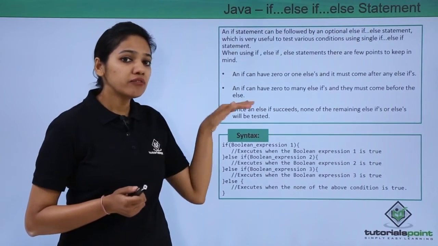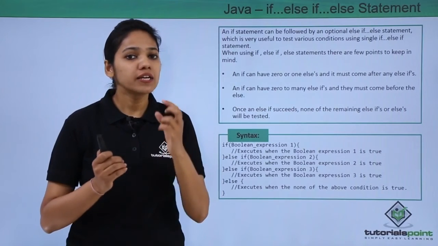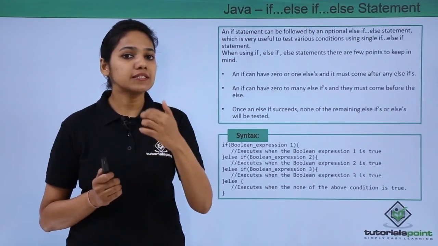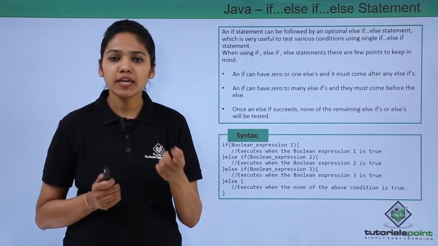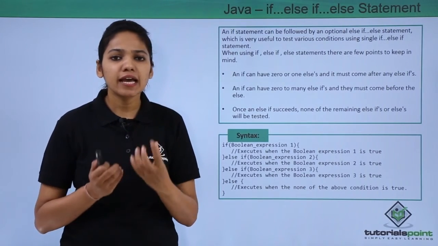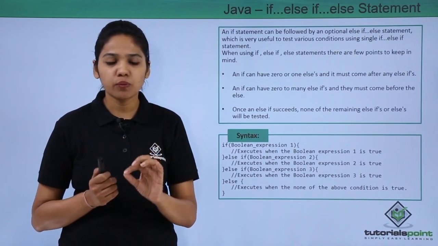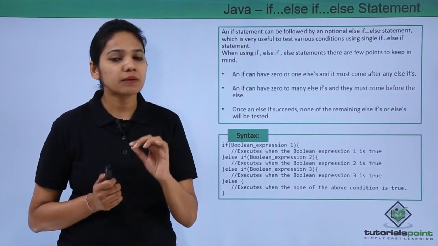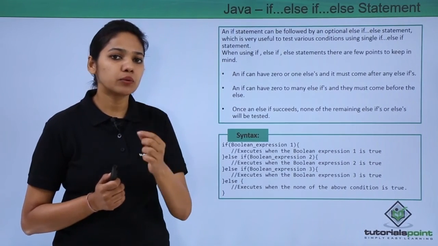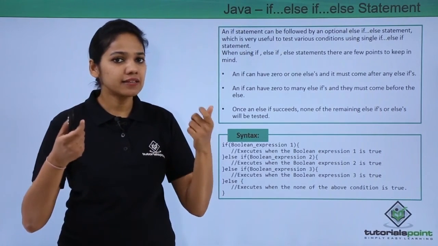Then an if statement can also have 0 or more else if statements. It means it may have 0, 1, 2, 3, as many else if statements as you want to provide, but all these else if statements will be written between if and else.